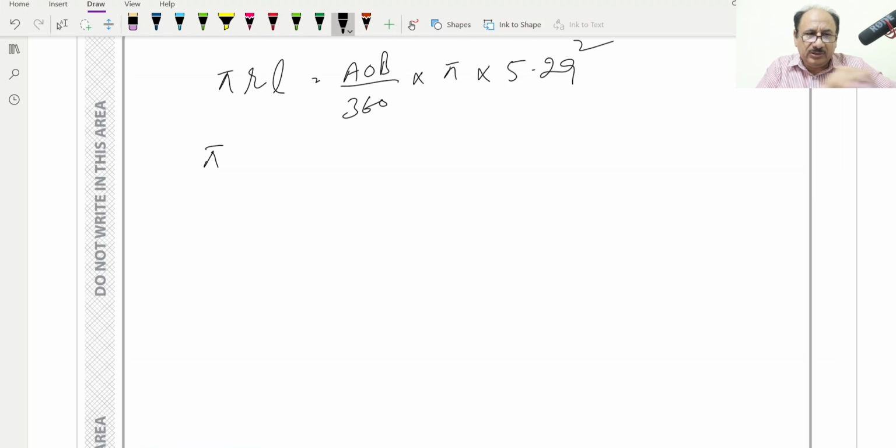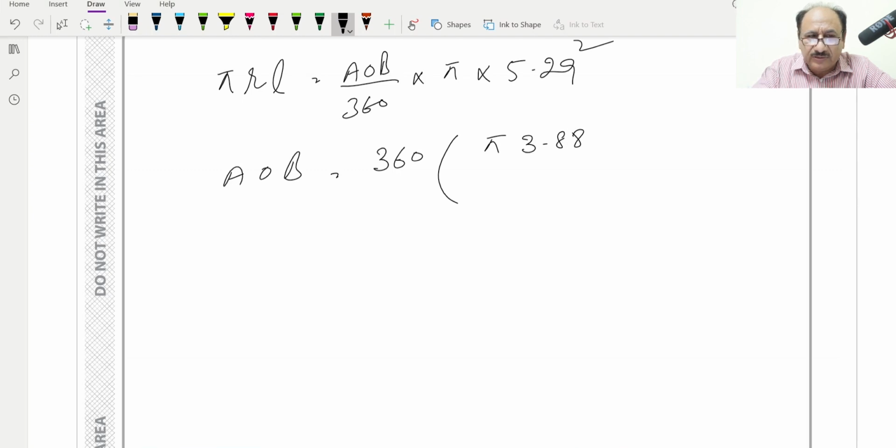basically AOB directly. If I write AOB is equal to, if I shift 360 to the other side, this will be pi into 3.88 into 5.29 divided by 5.29 squared into pi.